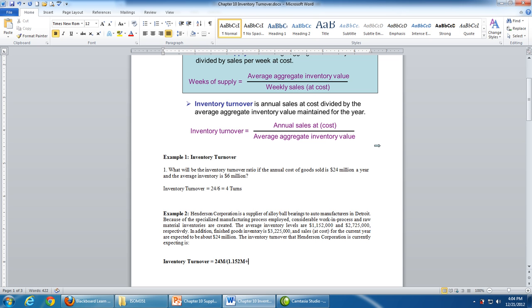That's for work in process. Raw material. Finished good.